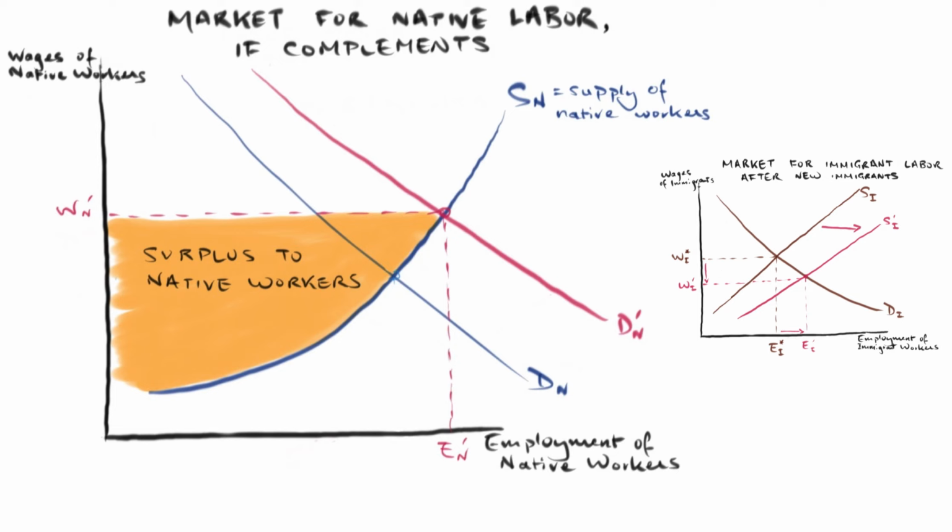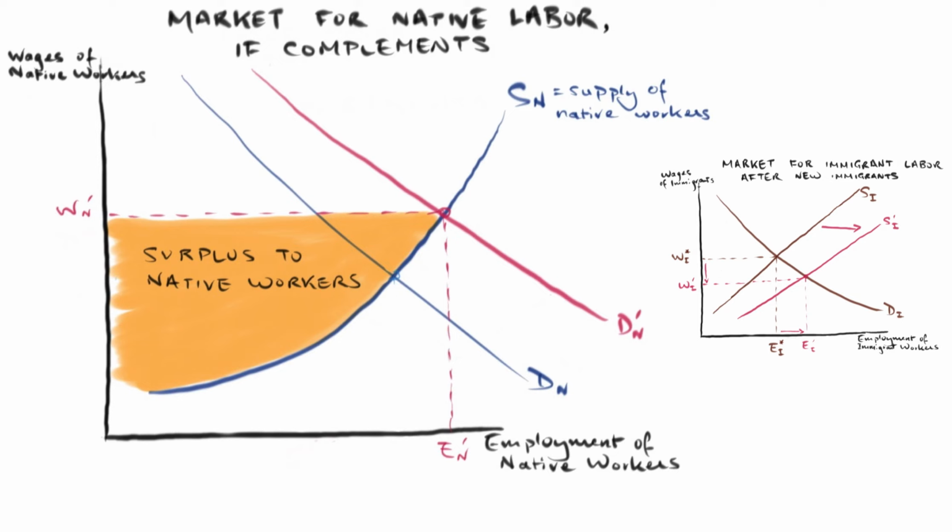So I've talked through several models relating to immigration. The important results, I guess, are first, immigration increases profits to employers. That's always true. Second, immigration increases consumer surplus. Again, that's always true. In the first model, we showed that if immigrants are doing exactly the same jobs as the natives, then they will reduce native surplus.